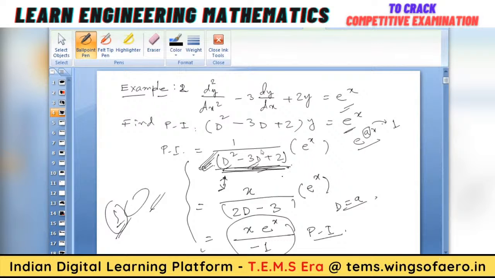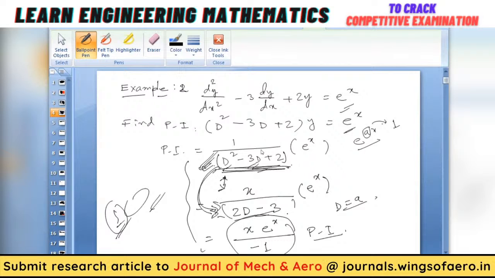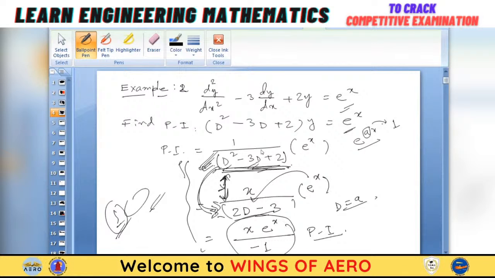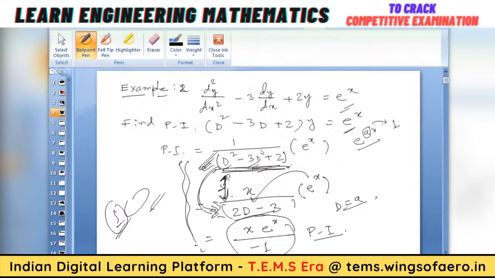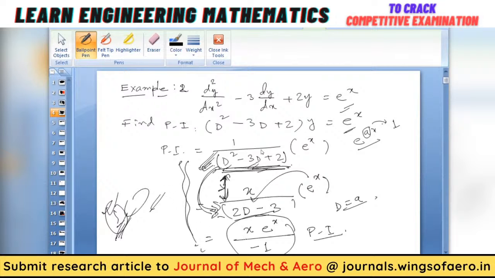In that case there is another formula or theorem to reduce this denominator part into a less degree polynomial equation of d, and this equation and that equation are actually equivalent. After putting d equal to 1 here we can get the PI. This is not the proper procedure to find out the PI. This is just a trick, and these tricks and formulas are obtained by using the original integration method, which has the solution.